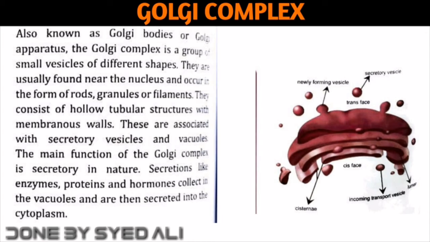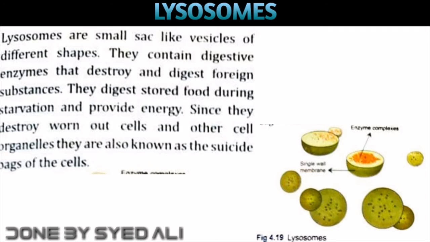Secretions like enzymes, proteins, and hormones collect in the vacuoles and are then secreted into the cytoplasm. Next, lysosomes. Lysosomes are small sac-like vessels of different shapes.